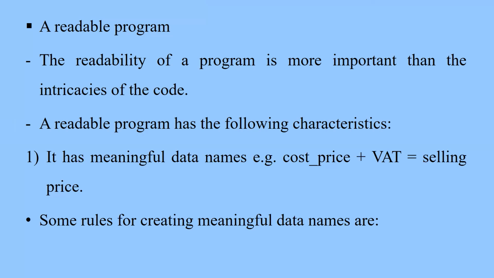Whenever you are writing some names, we call them variables or identifiers, and I'll expound later the difference between variables, identifiers, and the rest, and how we write them. So some of the rules when you are creating data names are, number one, use names that describe the purpose of the code or variable.